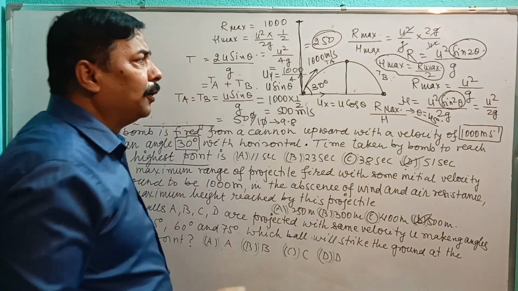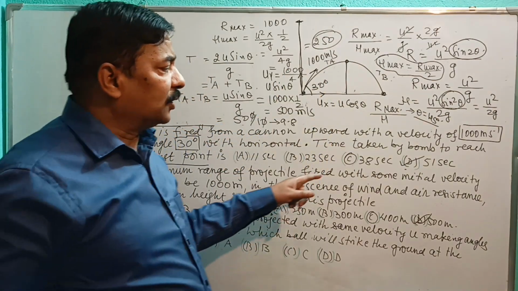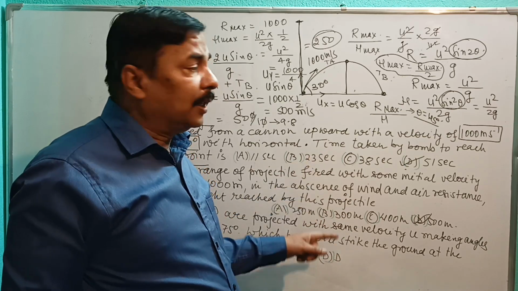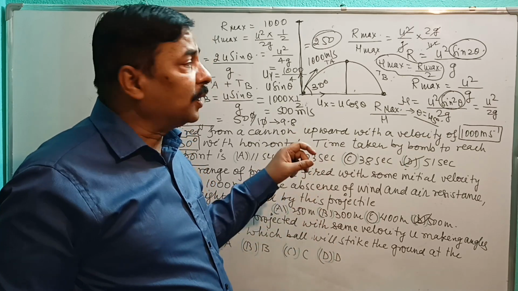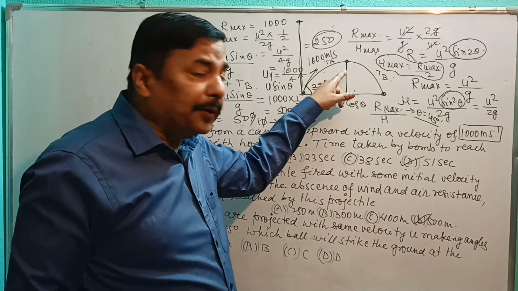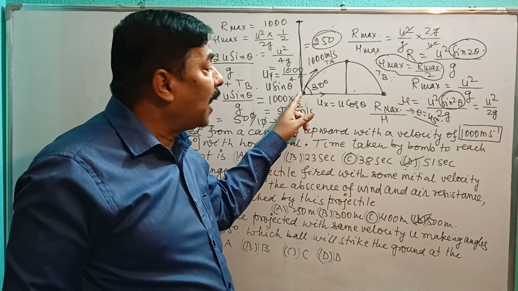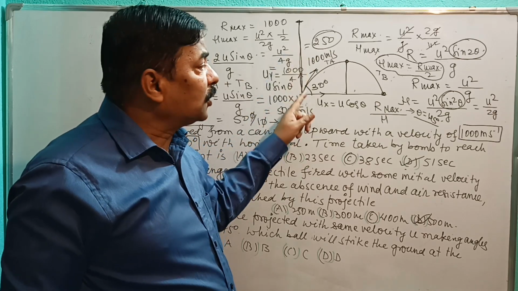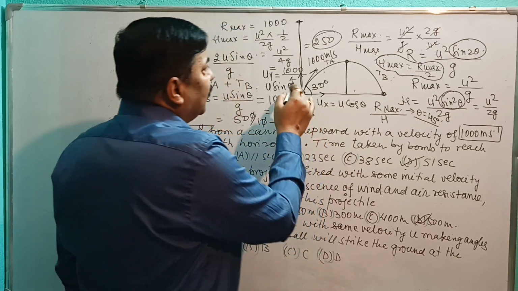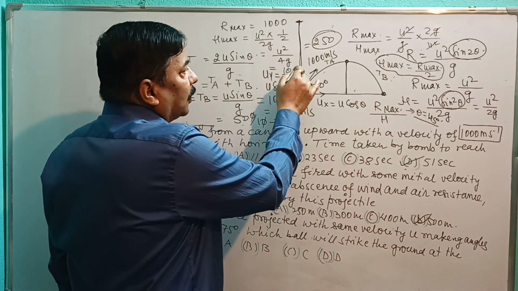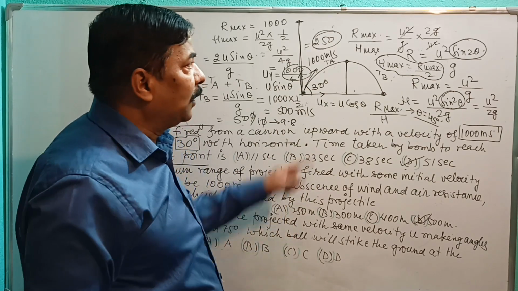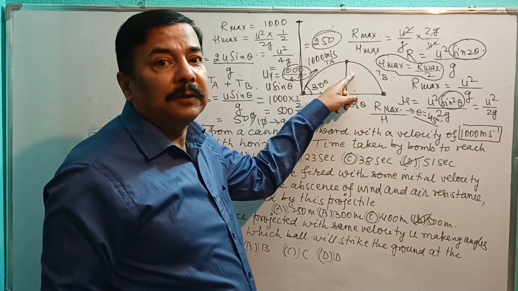So be careful while giving the answer to this question. If H max is given, try to understand, differentiate between the maximum height of projectile and maximum height attained. Because if we consider the maximum height of projectile, then this should be your answer: 1000 by 4, that is 250, if I am considering this maximum height only.